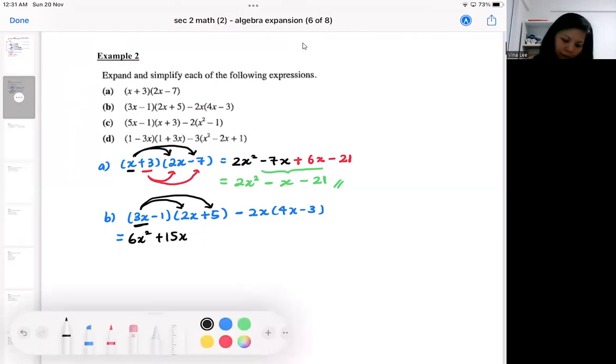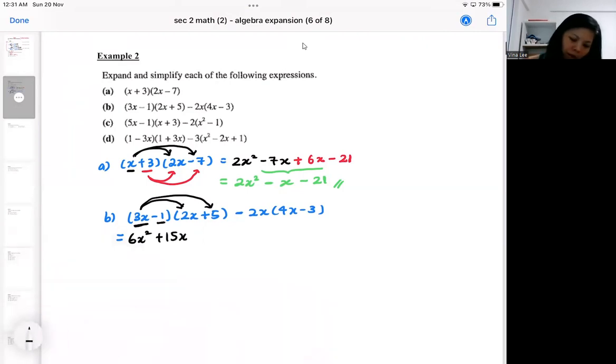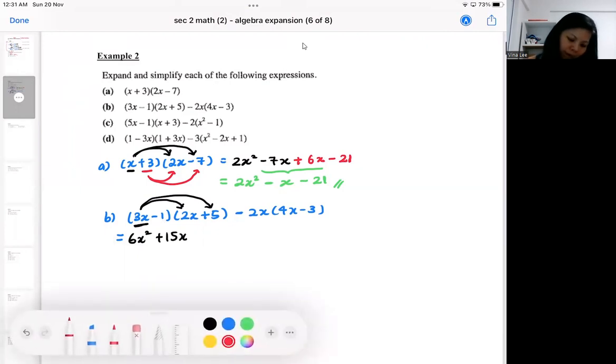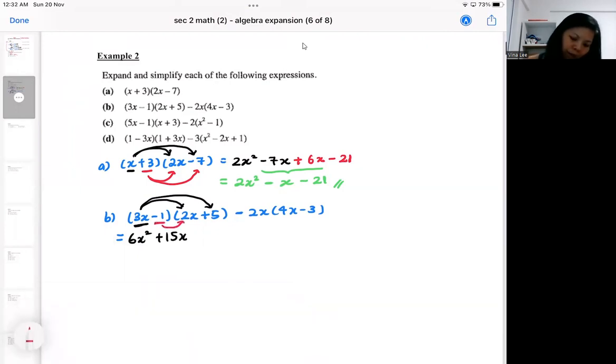Hopefully by now you can do all this without careless mistakes. You should have a high expectation of yourself to do this kind of execution with no careless mistakes. Then we change to the other guy, the negative one, so you'll get this.